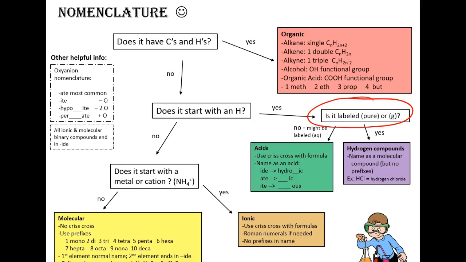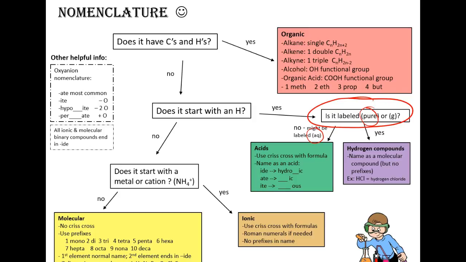So there have been situations in the past on the test where we had both HCl labeled AQ and HCl labeled either pure or gas. All the compounds we've been naming in class that start with an H, we've assumed to be aqueous solutions. So if it's labeled with an AQ, then you could assume it was an acid, and you would use those acid naming rules: hydro, ic, ate, ic, ite, ous.